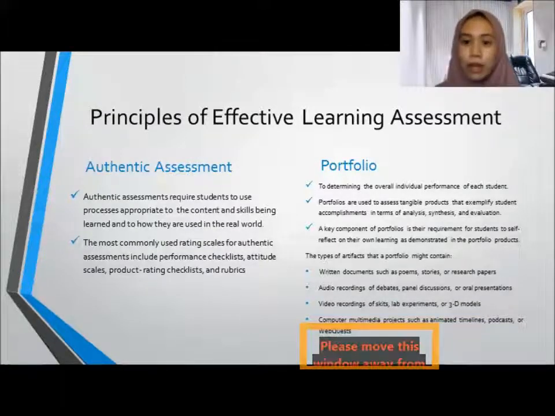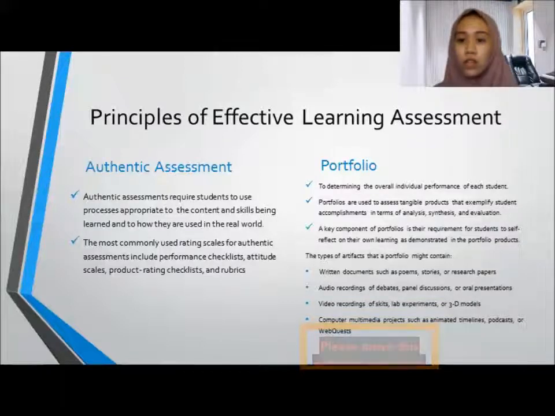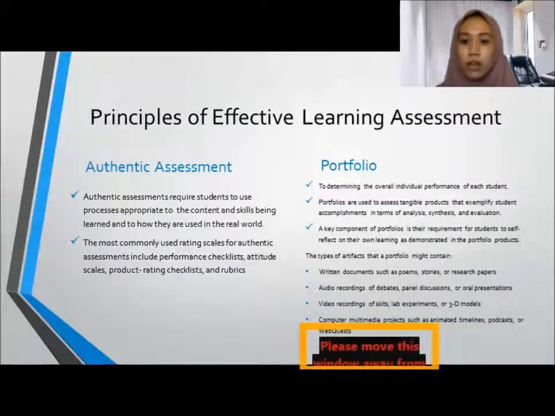A key component of a portfolio is the requirement for students to self-reflect on their own learning as demonstrated in a portfolio product. And then there are types of artifacts that a portfolio might contain. The first is written documents, and then audio recordings, video recordings, and computer multimedia projects.